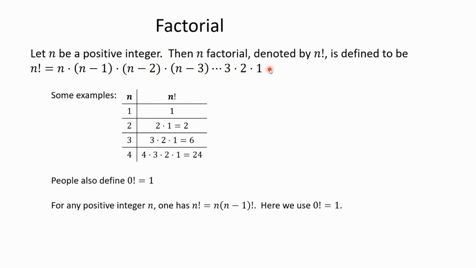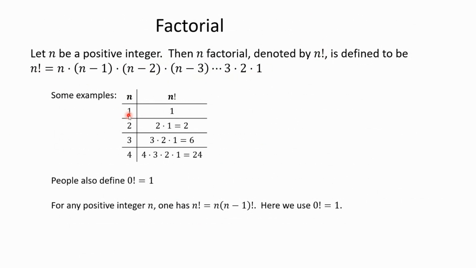In other words, you're taking all the positive integers less than or equal to n, and you're multiplying them together.